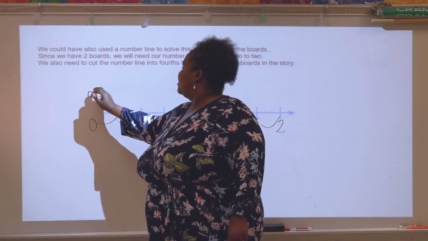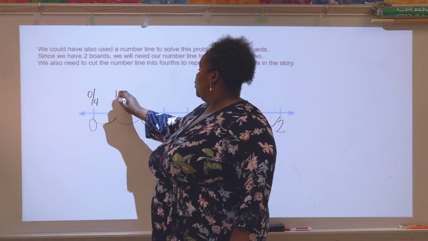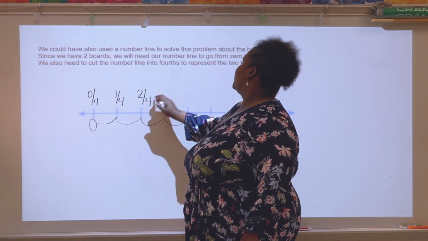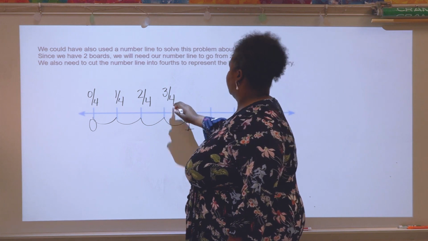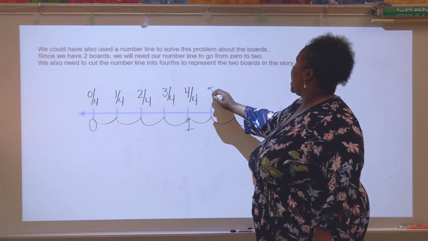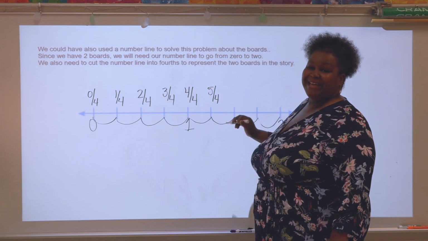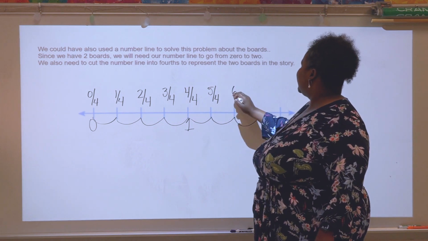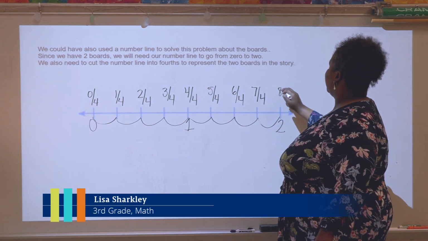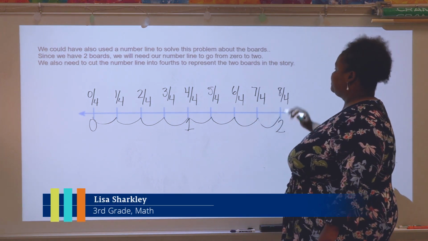So 0 fourths, 1 fourth, 2 fourths, 3 fourths, 4 fourths, 5 fourths, and I hope you're saying this with me, 6 fourths, 7 fourths, 8 fourths.